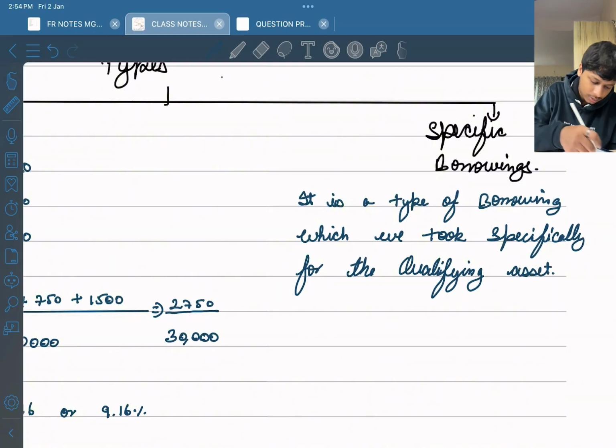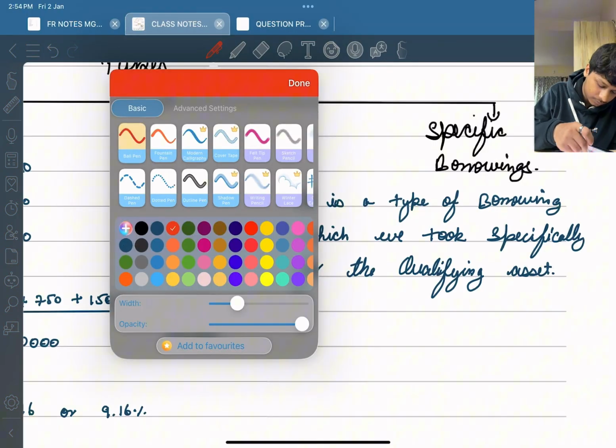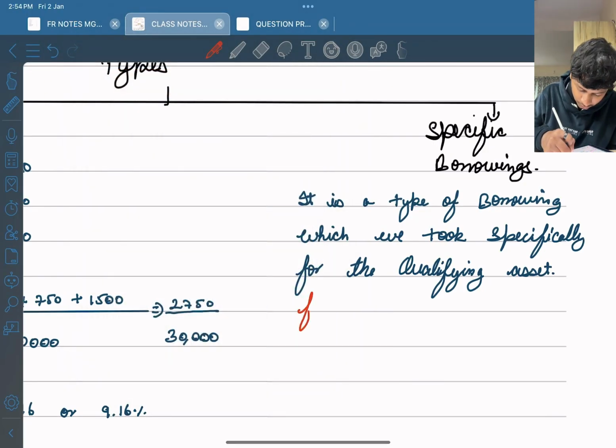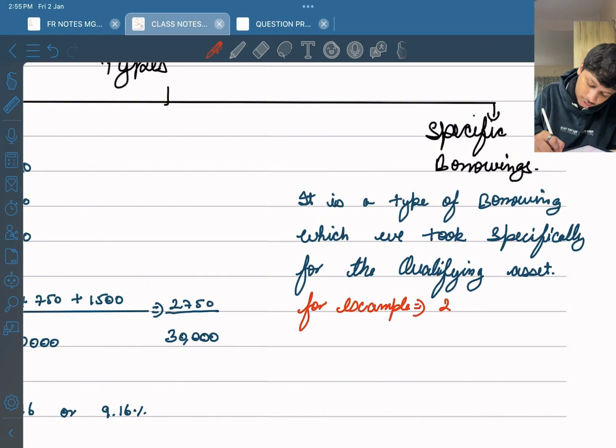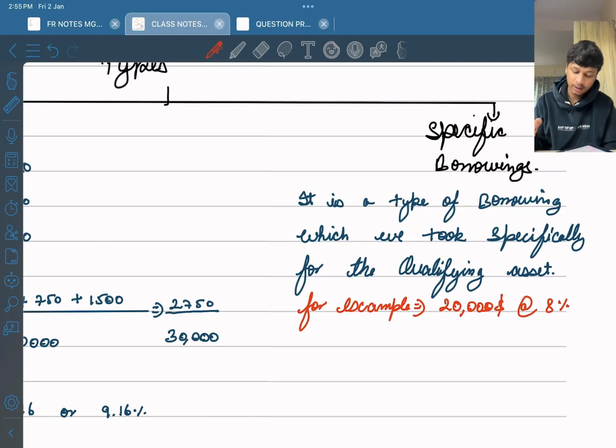For example, $20,000 at the rate of 8% interest.